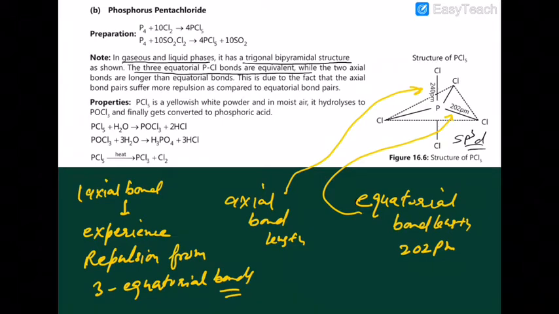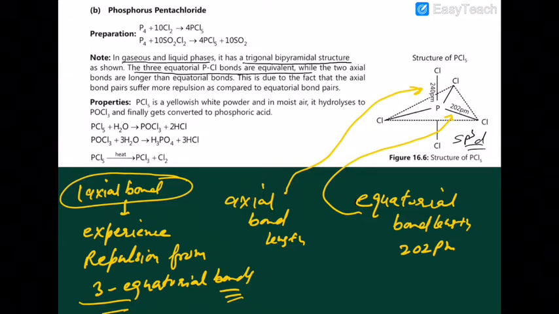I am repeating once more. The equatorial bonds do not repel each other, or you can say repulsion is at minimum. But one axial bond experiences repulsion from three equatorial bonds. So, in order to minimize the repulsion, the axial bond length becomes a little bit elongated.